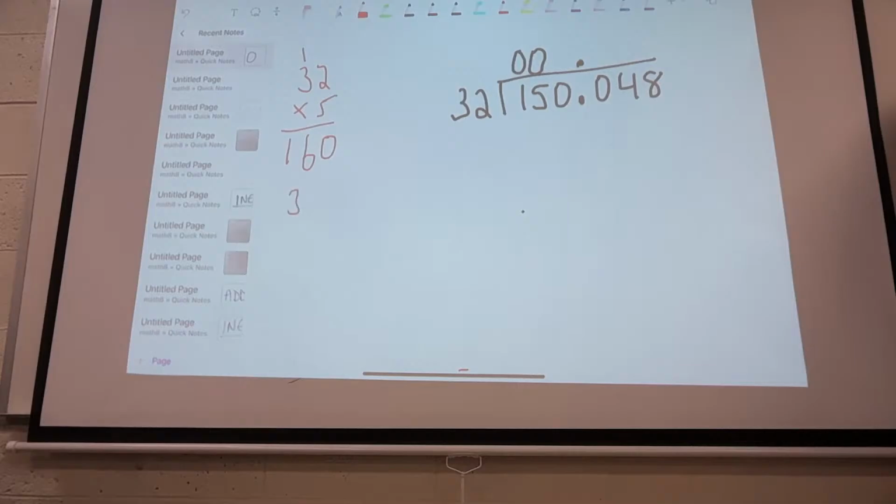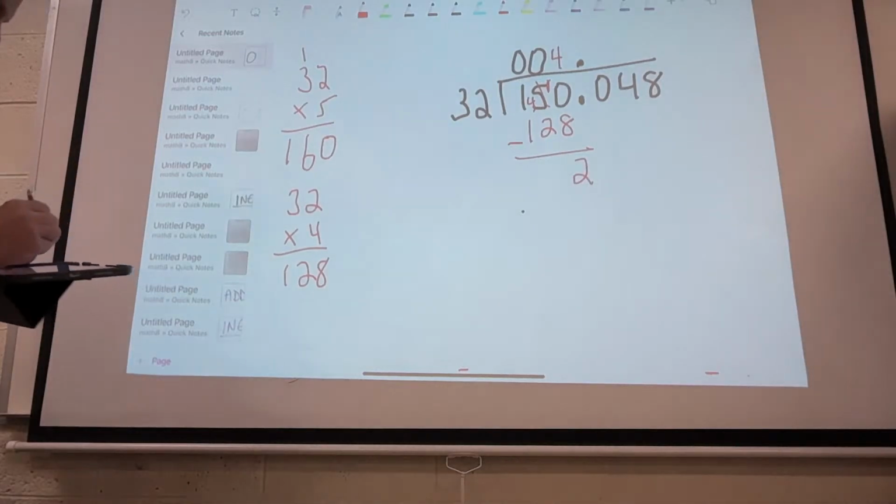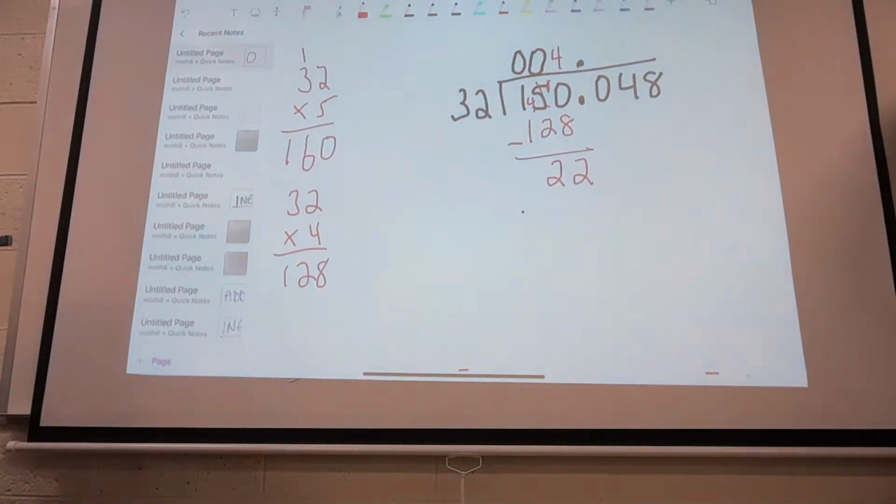So let's try 32 times 4. 128. Okay, so 4. And then we're going to subtract. 0 take away 8. Can't do it. So I cross out the 5, make it a 4. Make that a 10. 10 take away 8 is 2. 4 take away 2 is 2.